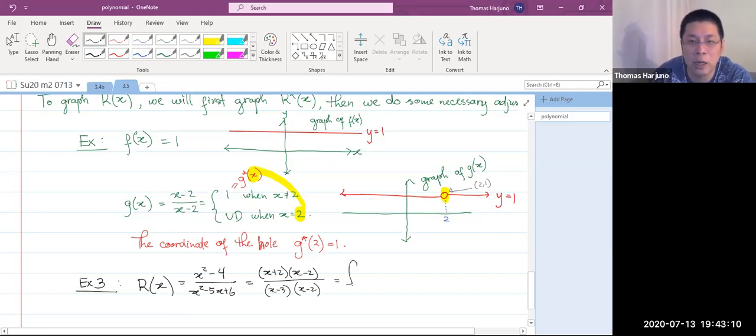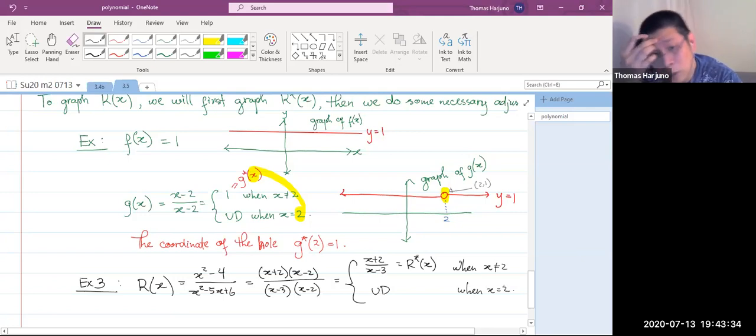And we say this simplifies to (x plus 2) over (x minus 3). This is our R star (x), when x is not equal to 2. It will be undefined when x equals 2.